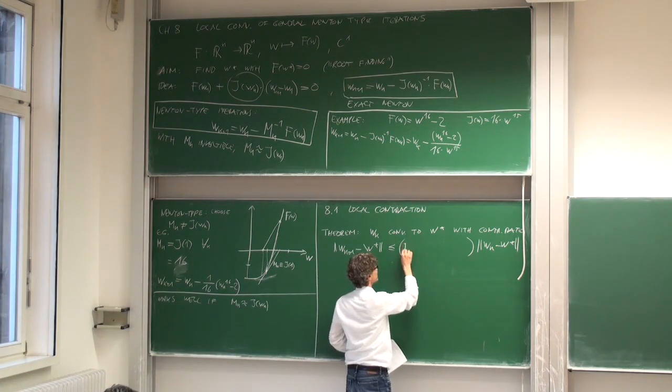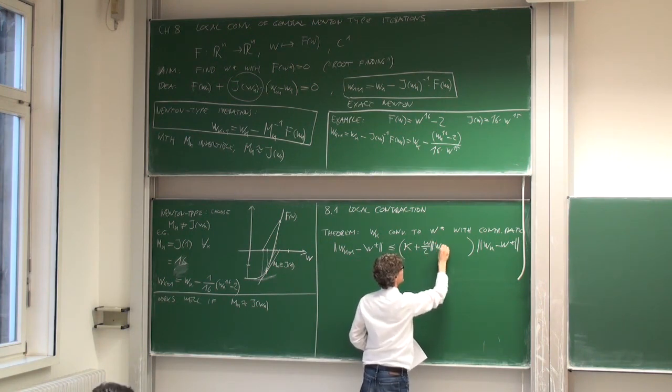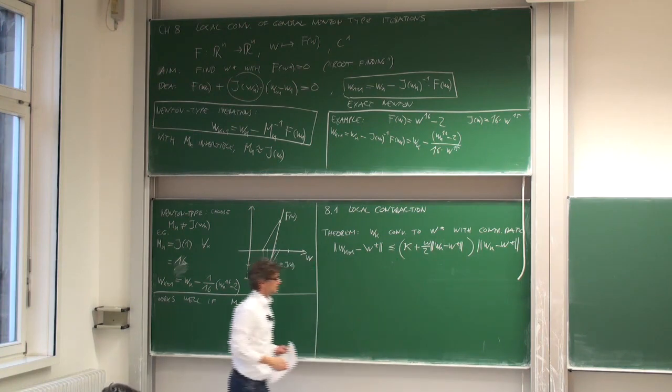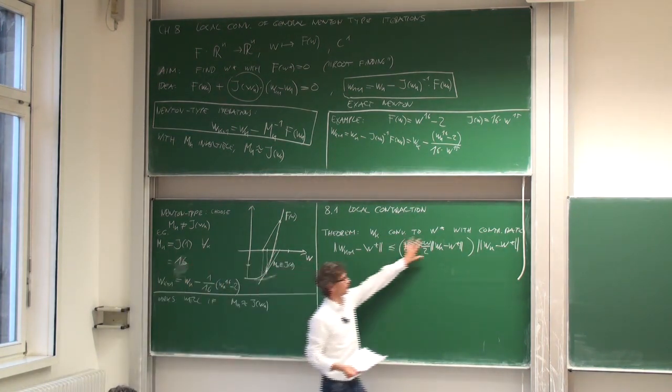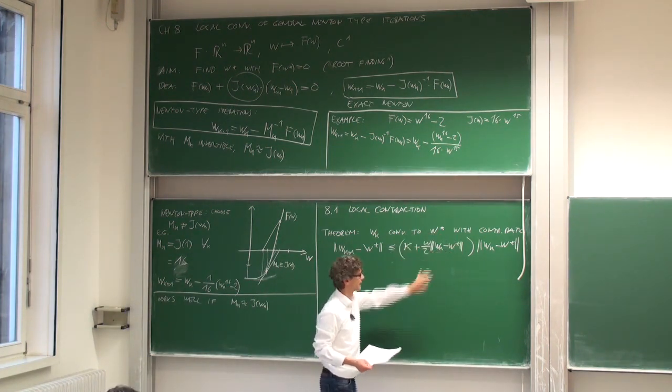Here will be a kappa, I call this thing kappa, plus omega half times norm of w_k minus w star. So I have a contraction rate, which is, so to say, the linear contraction factor, which itself depends on the distance itself.